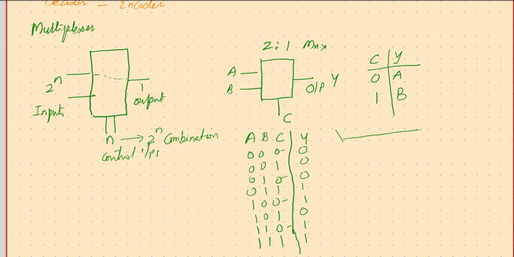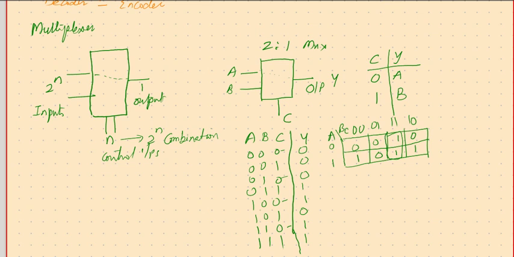Let me check what it is trying to say. A is input, B is input, C is our control. So that's our standard K-map for 3 inputs: 0, 0, 0, 1, 0, 0, 0, 1, 1, 0, 1, 1, 1, 0, 1, 1. How to do this?